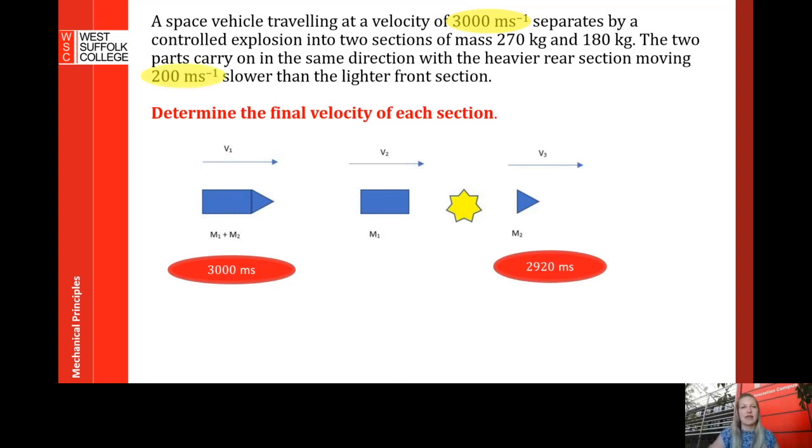In the question, it clearly states that the second part, the heavier part, is travelling 200 meters per second slower than the lighter front section. So we worked out that you've just got to get rid of 200 from your V3, which gives us a value of 2,720. So we have worked out all of our values.